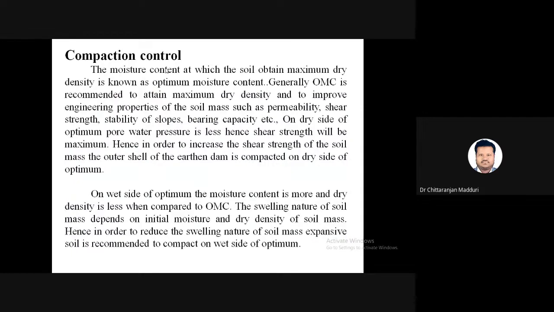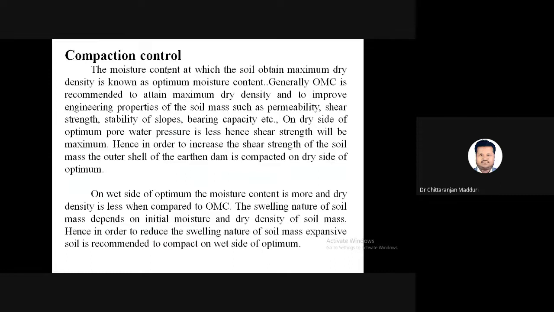Generally optimum moisture content is recommended to attain maximum density and improve the engineering properties of the soil mass such as permeability, shear strength, stability of slopes, bearing capacity, etc. On the dry side of optimum, pore water pressure is less, hence shear strength will be maximum. Hence, in order to increase the shear strength of the soil mass, the outer shell of the earth dam is compacted on the dry side of optimum.